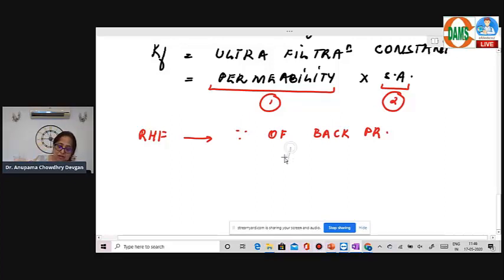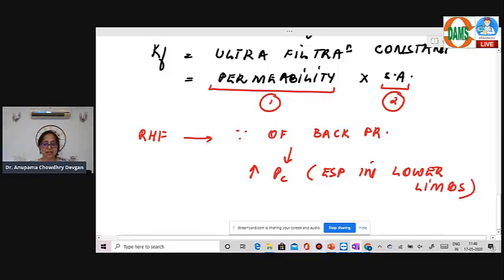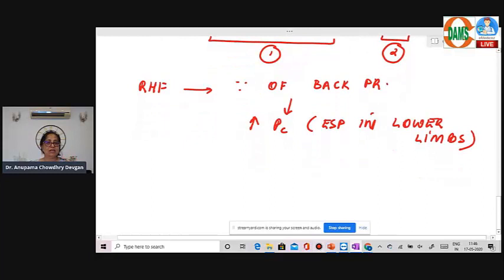Because of back pressure, there is increase in the capillary hydrostatic pressure, especially in the lower limbs in an ambulant patient. What is capillary hydrostatic pressure? Push force. So it pushes the fluid out of the capillaries into the interstitial space.